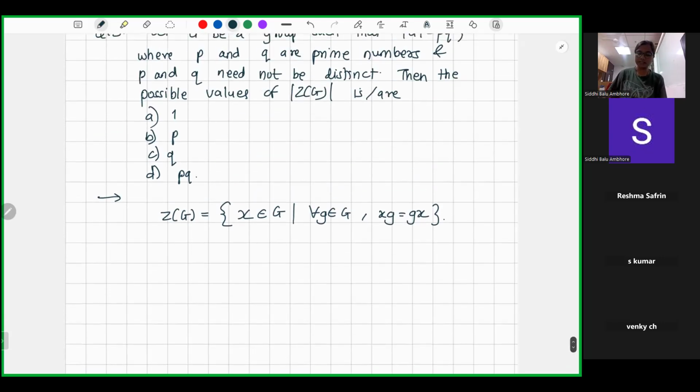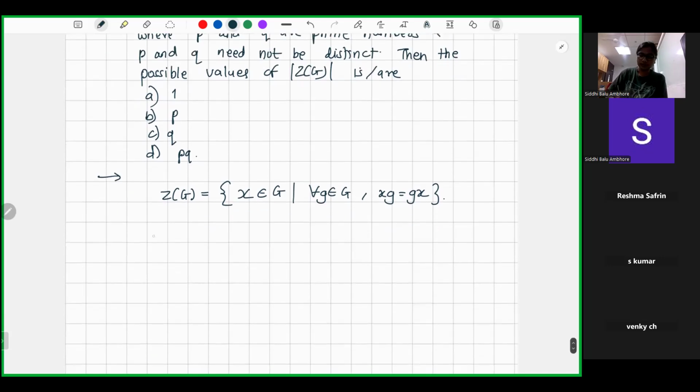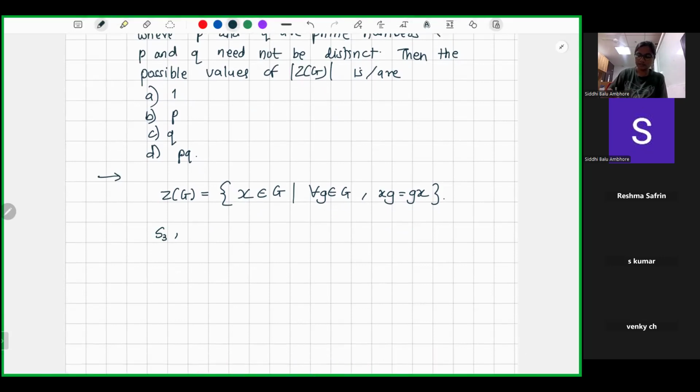We know many such groups, right? One which we discussed earlier was the group S3. The center of S3 is just the identity, so the cardinality of ZS3 is 1.